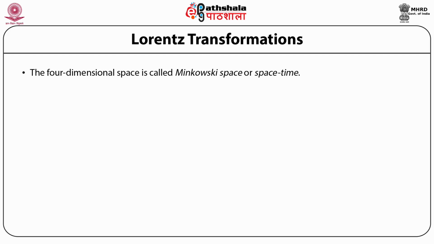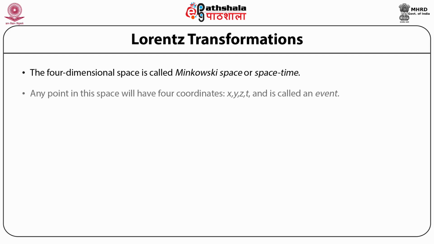However, when we talk of special theory of relativity, we have to add another dimension to our space concept, and that fourth dimension is time, because relativity also involves time. When you include this fourth dimension, the coordinate system that we get is called the space-time coordinate system or the Minkowski space.